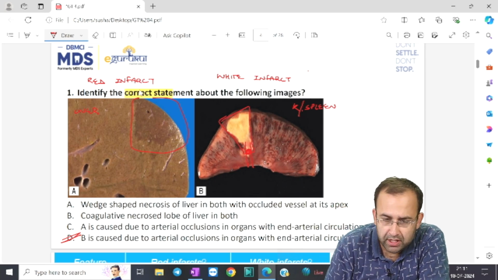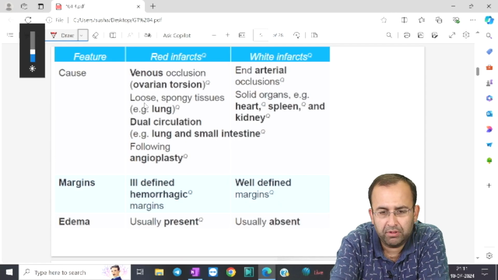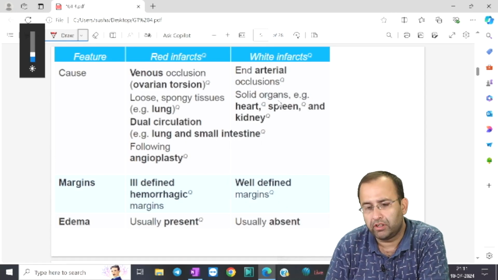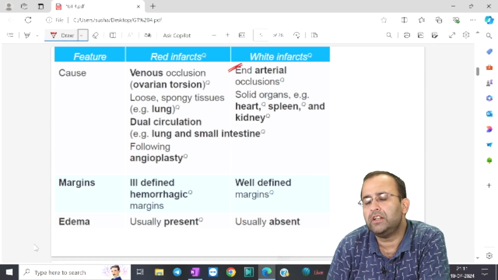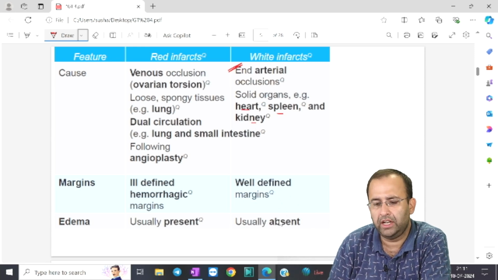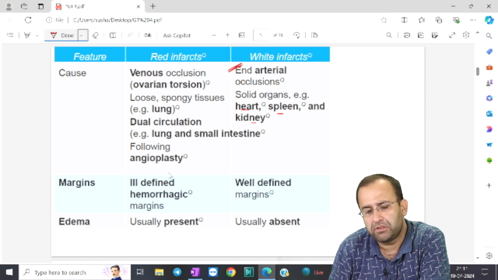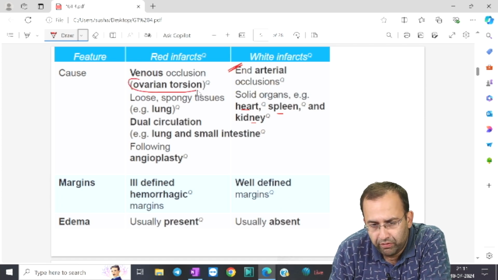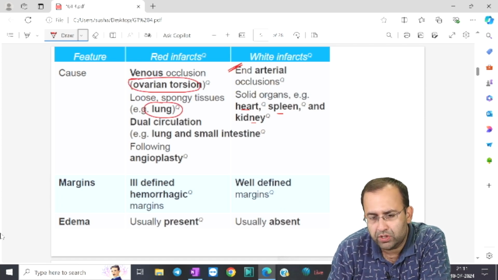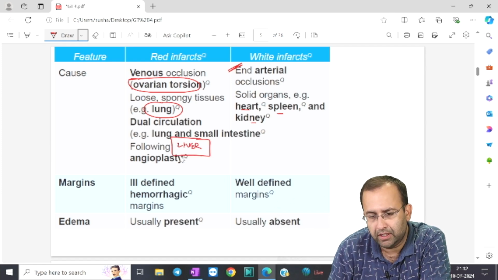So this is ill-defined in nature. To differentiate red versus white infarct: white infarct is end arterial occlusion seen in heart, spleen, kidney. It is well defined, edema is absent. Versus red infarct, which is ill-defined hemorrhage, edema is present, and it is seen with ovarian torsion, loose tissues, all those with dual circulation. Let us add liver to this. This is red versus white infarct.